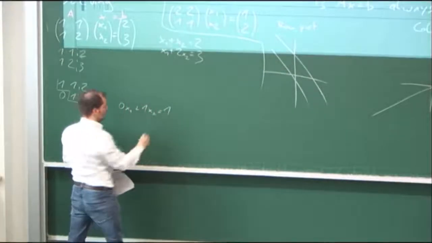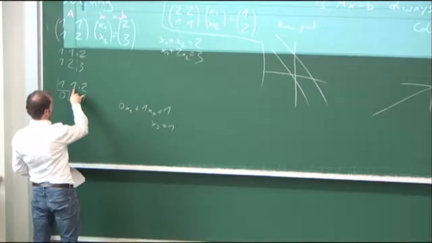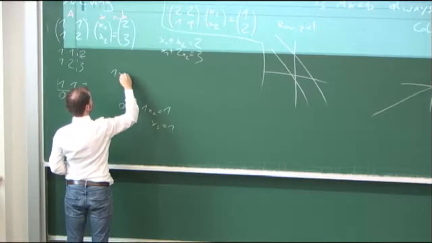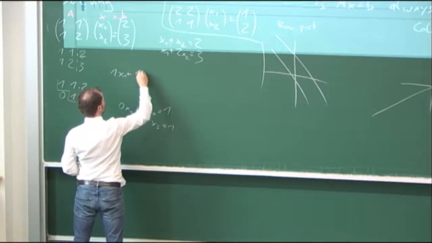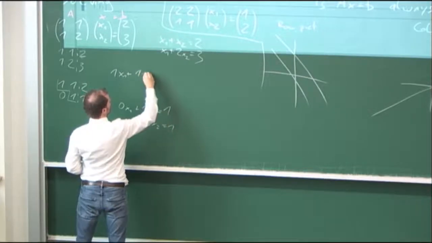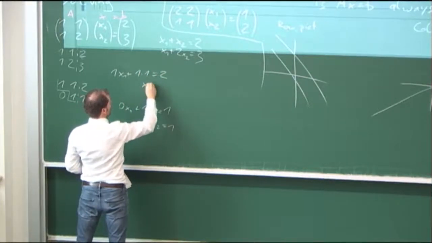Well, that's trivial: x2 is 1. Now we can back substitute. This one tells us that 1 times x1 plus 1 times x2, but we already know that x2 has to be 1, is 2. So x1 is also 1.